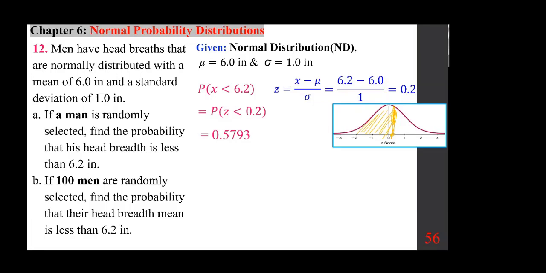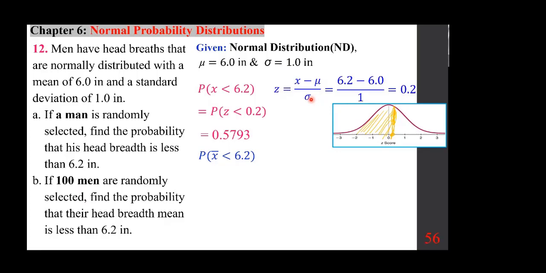Now, when we look at the second case, it's the same question with the following difference. A man, now we are dealing with 100 men, otherwise identical. What does it mean? Instead of x, we are going to look at their mean, x bar, and this formula becomes x bar minus mu of x bar over sigma of x bar.